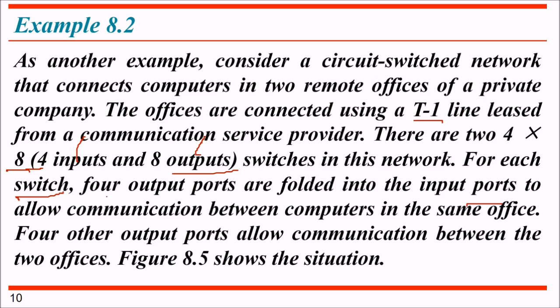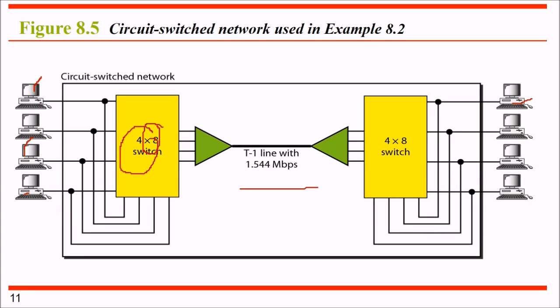And for each switch, 4 output ports are folded into the input ports to allow communication between computers in the same office. That means if I want to talk to you, I need to use these folded inputs. So this is a 4 into 8 switch, which makes it possible for these 4 to communicate with these 4, along with these 4 talking with themselves in between.